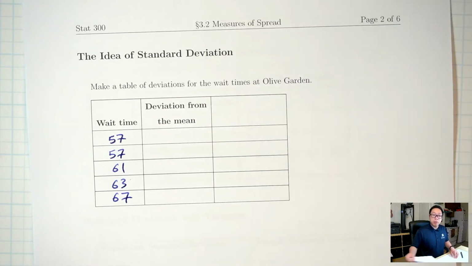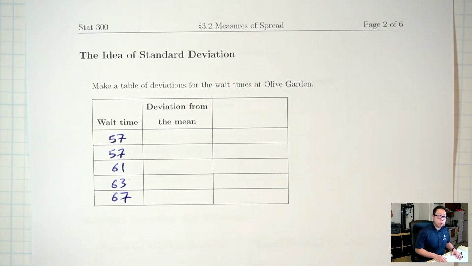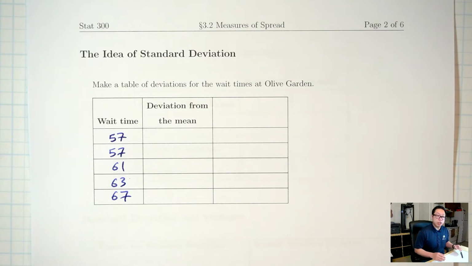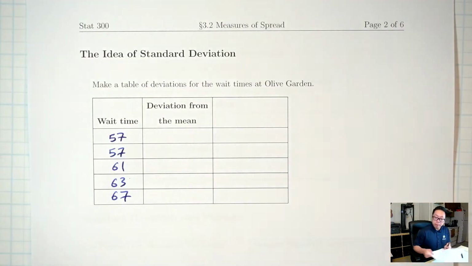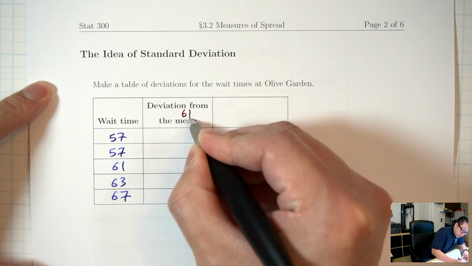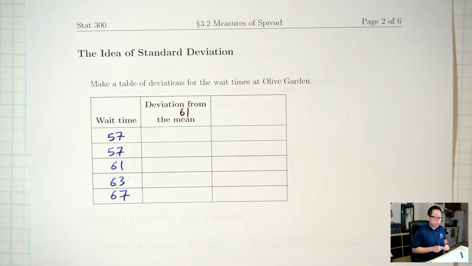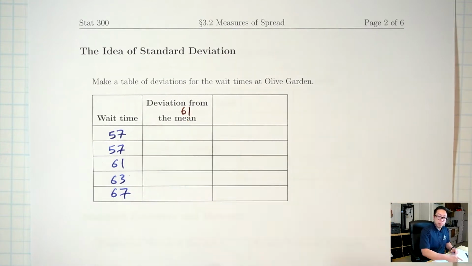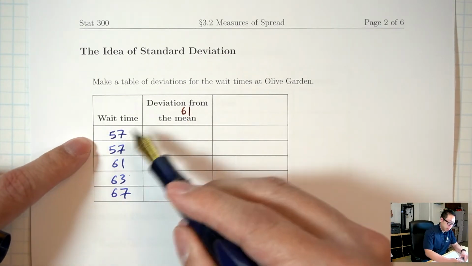What I'm going to do here is exactly what we did in the previous lecture, which is find the deviations from the mean. The mean here was 61, so we're going to find the deviations from 61. And remember, deviations is just the distance from 61. So how far is 57 from 61?